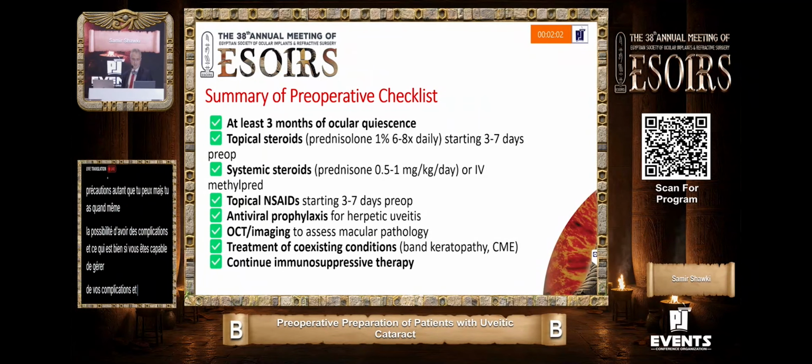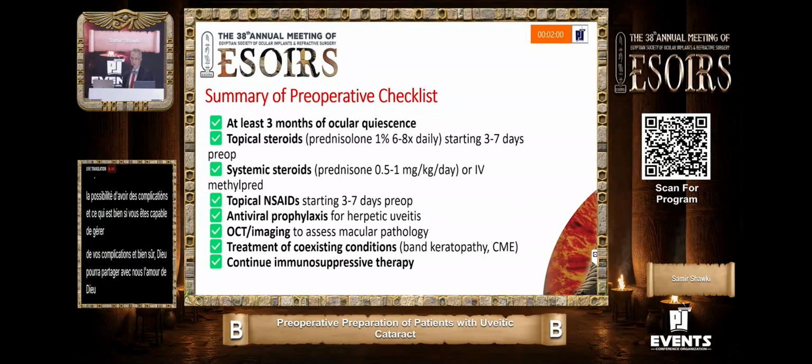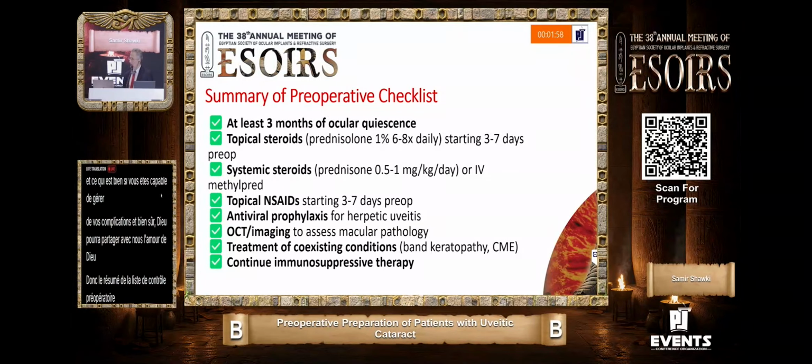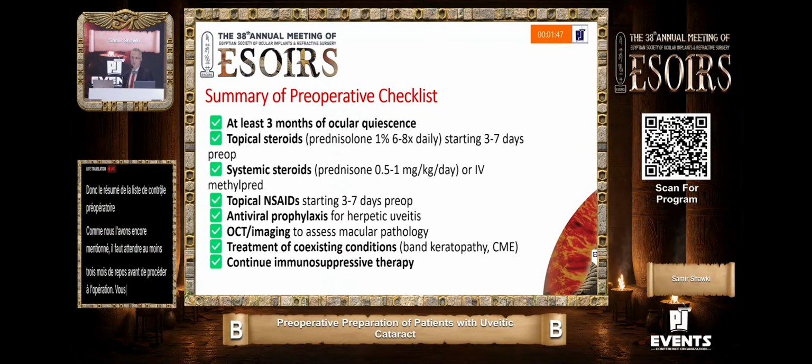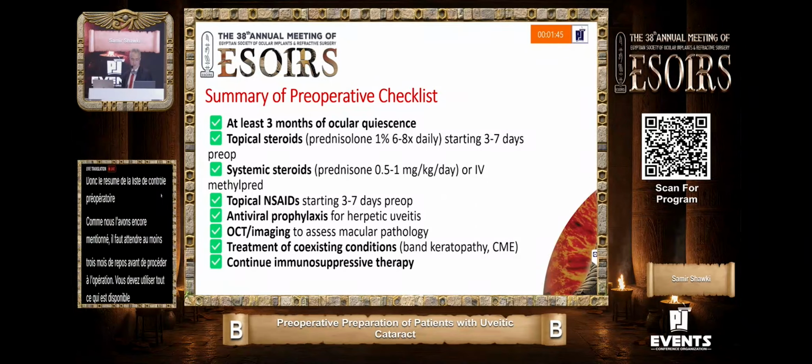So the summary of the preoperative checklist, as we mentioned again: you have to wait at least 3 months of quiescence before doing the surgery. You have to use all available anti-inflammatory medications, topical and systemic, and you have to maintain your immunosuppressive therapy.